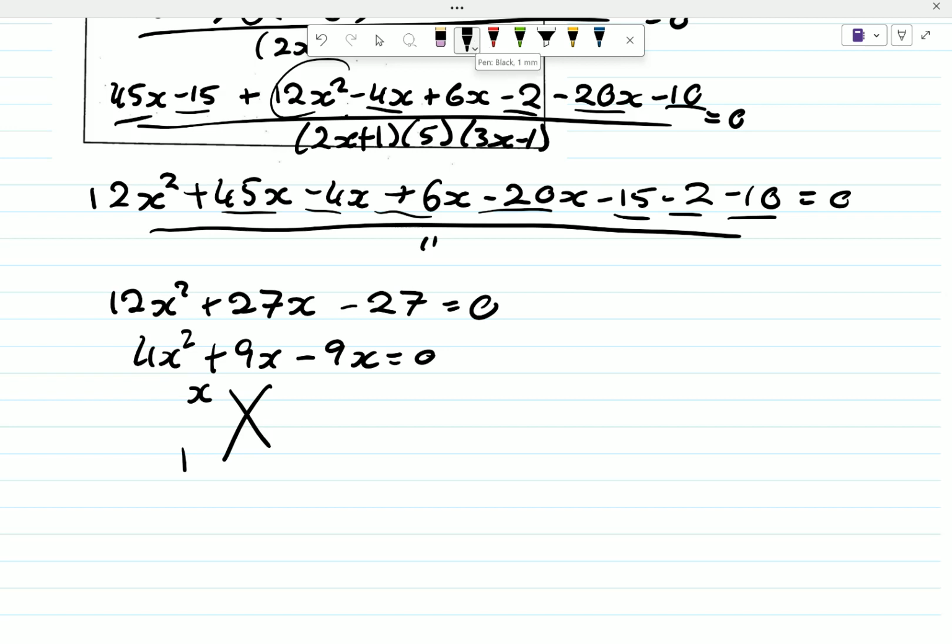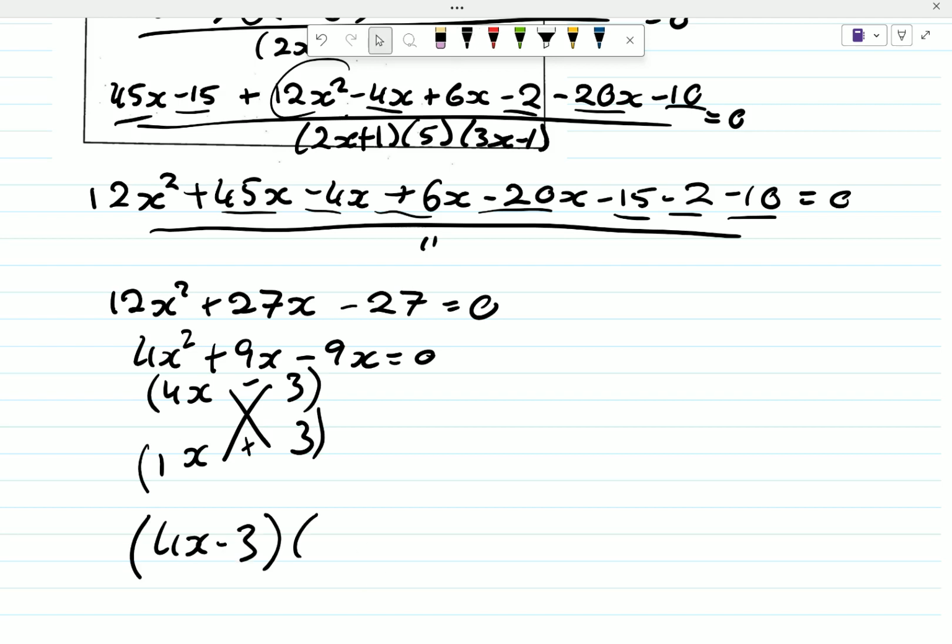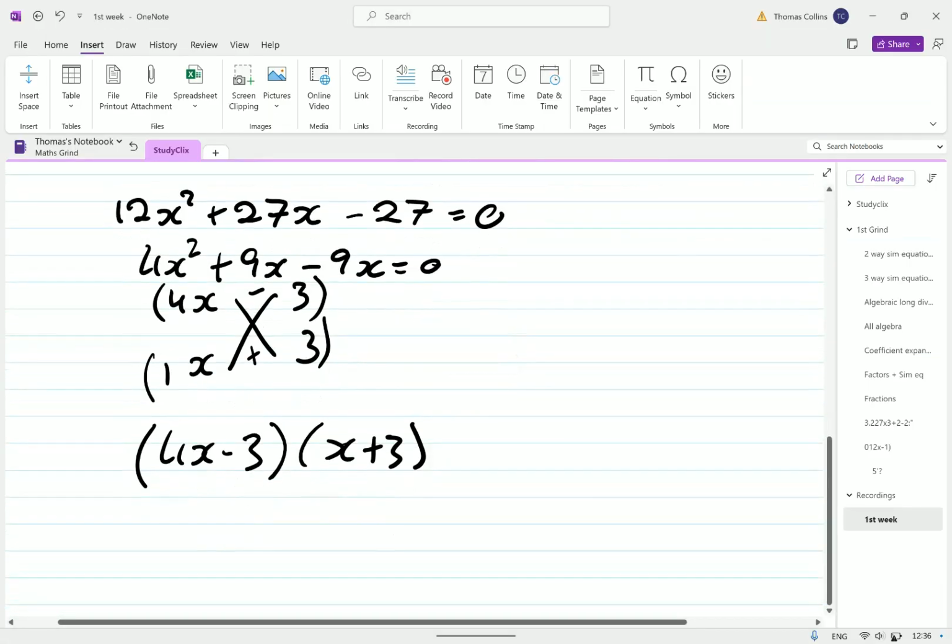Sorry, no, that's 2x, 2x, 3, and 3. I've done that wrong. Oh yeah, no, it is 4. Minus 3, yeah. So we want 12. So these should be our factors. 4x minus 3 times x plus 3. Let me just check that. Yep, that should be right.